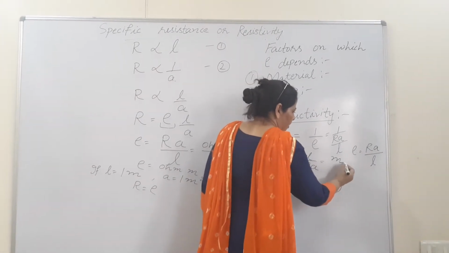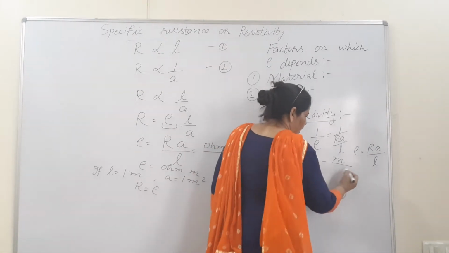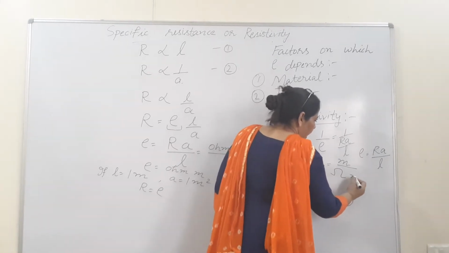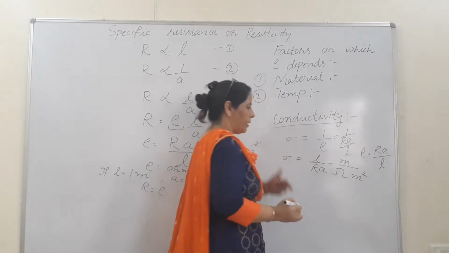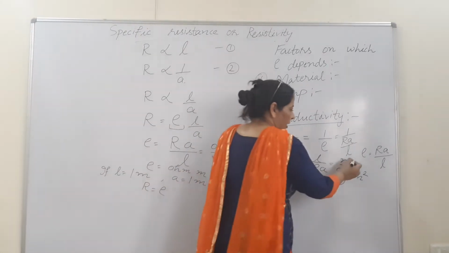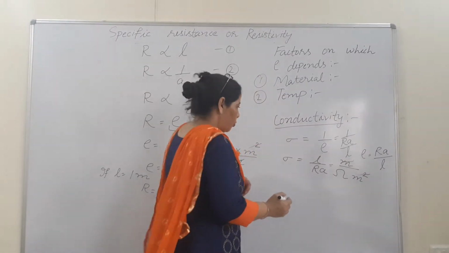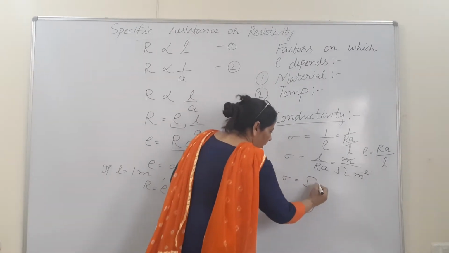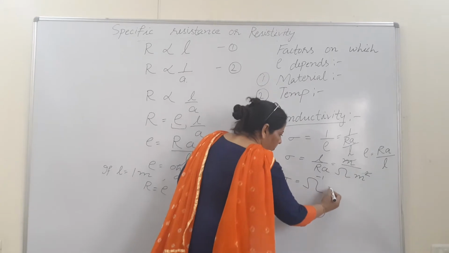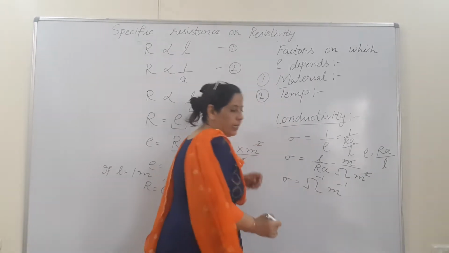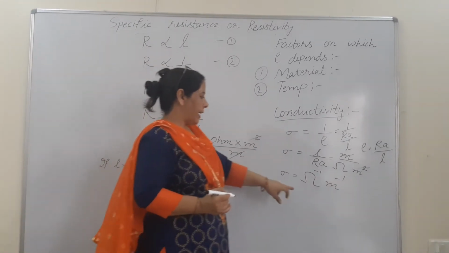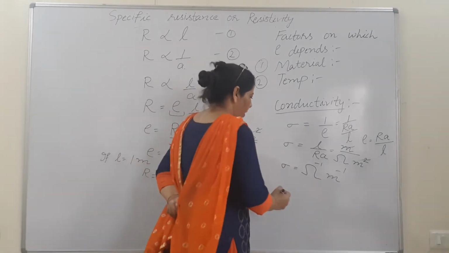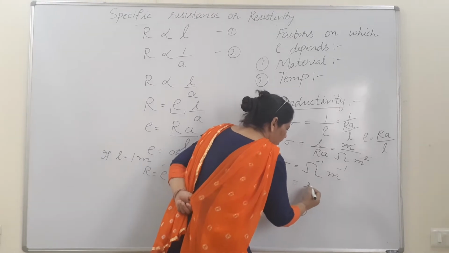Length is measured in meter, R is measured in ohm, and area is measured in meter square. So beta, this meter will cancel with this one. So what will be the unit of sigma? That will be per ohm meter, or you can say Siemens per meter. Anything you can write.